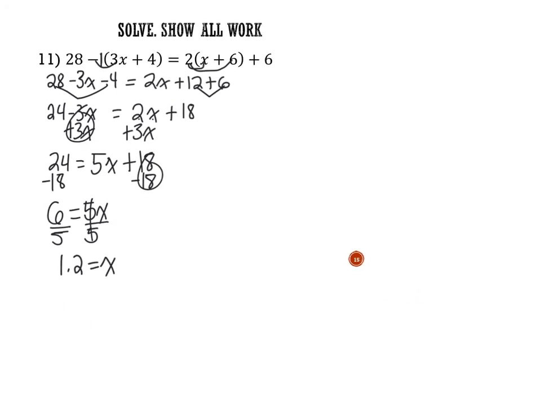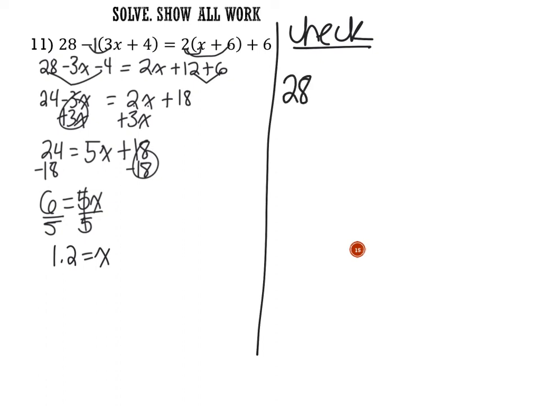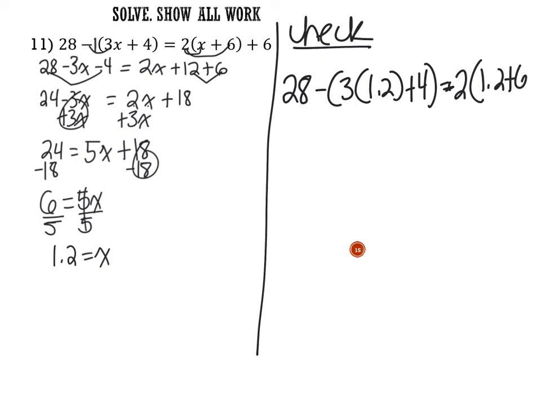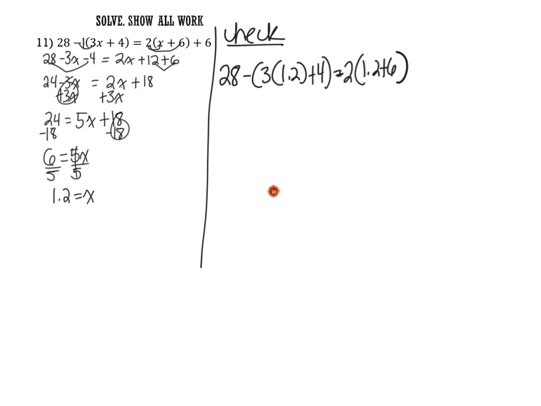Now to check it. Okay, I have 28 minus 3 times 1.2 plus 4 equals 2 times 1.2 plus 6 plus 6.